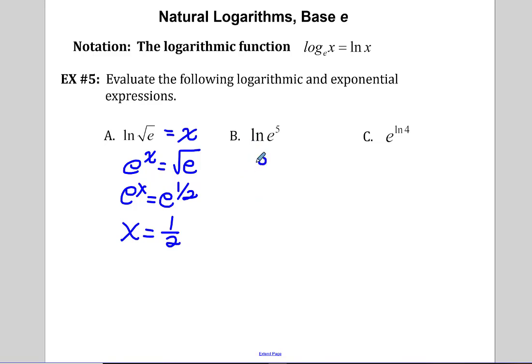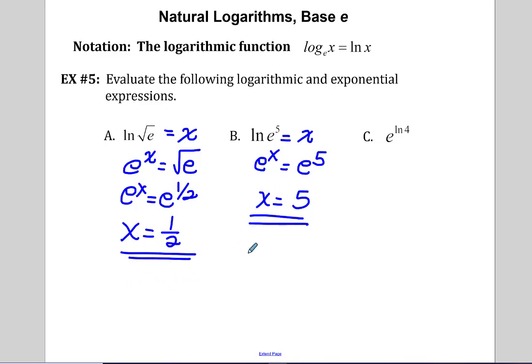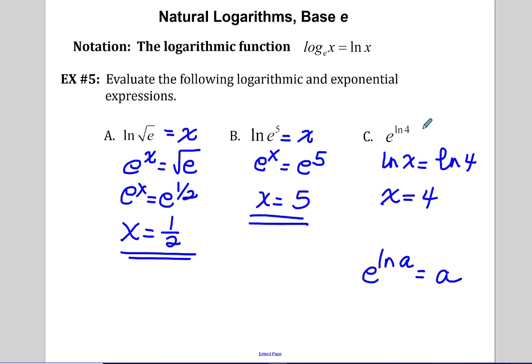This one is e to a power is e to the 5th, and the bases are the same. The exponents are equal. The power is 5. And then similarly, the natural log of x is the natural log of 4. So x is 4. We saw earlier that e to the natural log of a number is just the number, and that number is 4.